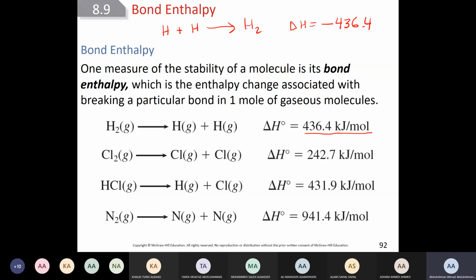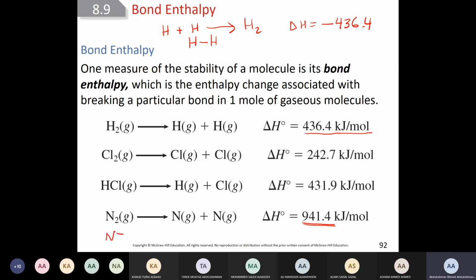Now you have to be careful with the Lewis structure. This means the H-H here is one bond. Let's look at N2 goes to N plus N. How much energy do we need? 941.4. Now, what type of bond do you have between N and N?